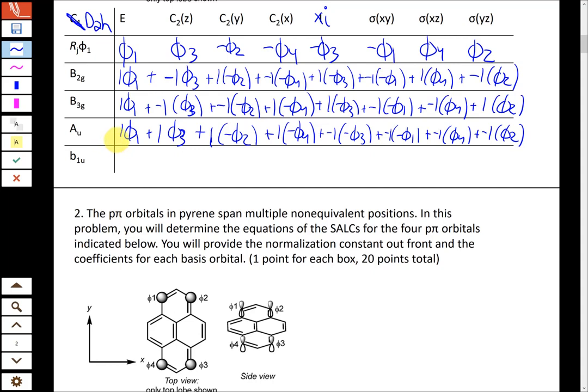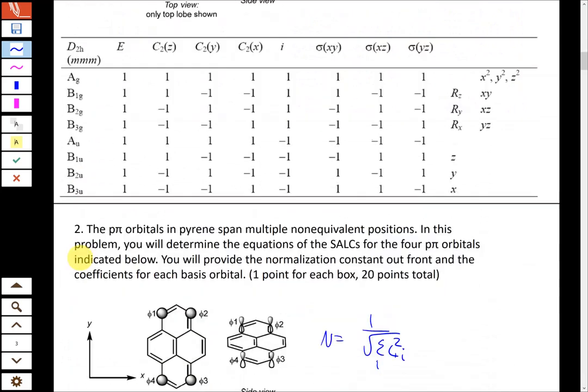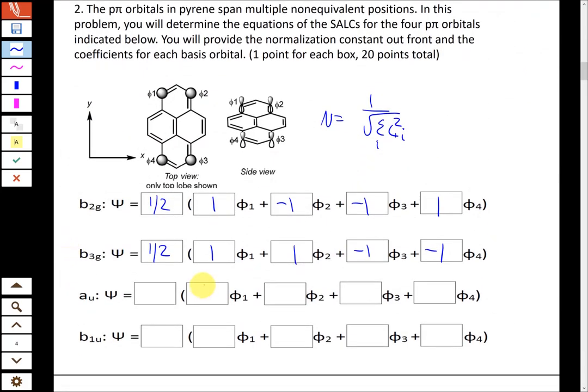So what we get then is, again, a positive coefficient on phi 1, negative on phi 2, positive on phi 3, and negative on phi 4. So this time the negative coefficients are on 2 and 4, alternating plus 1 and minus 1. So we get 1, minus 1, 1, minus 1, and that's times 1/2.